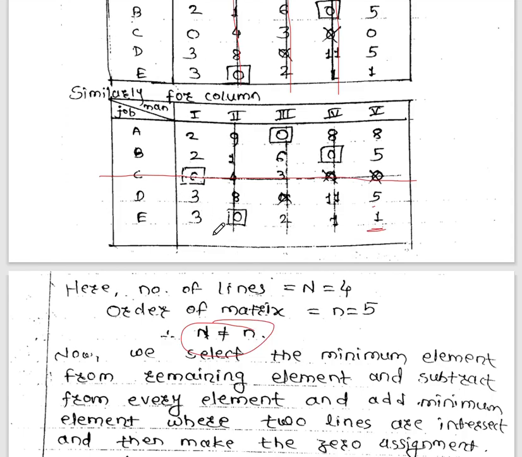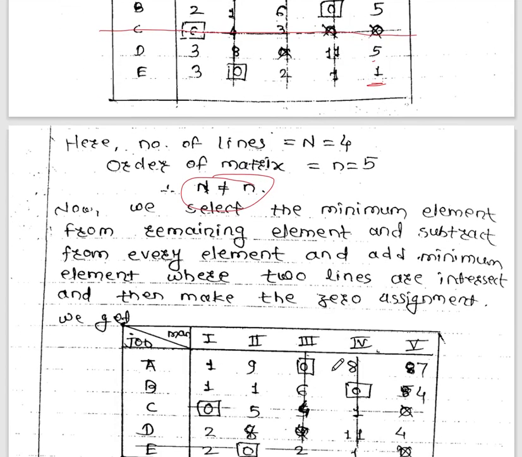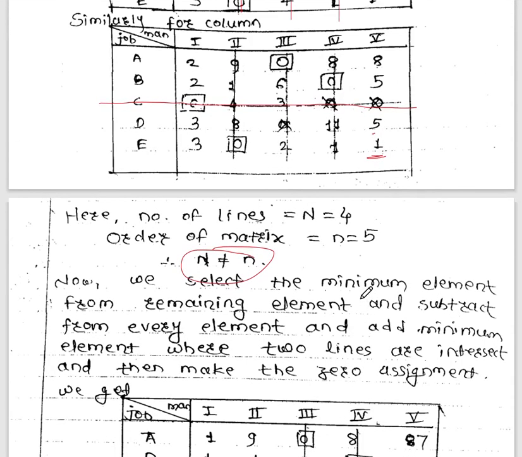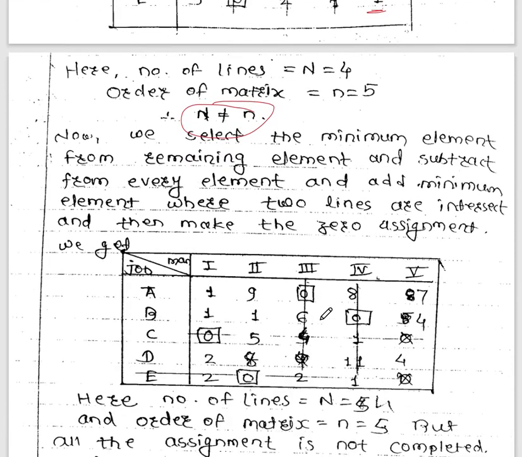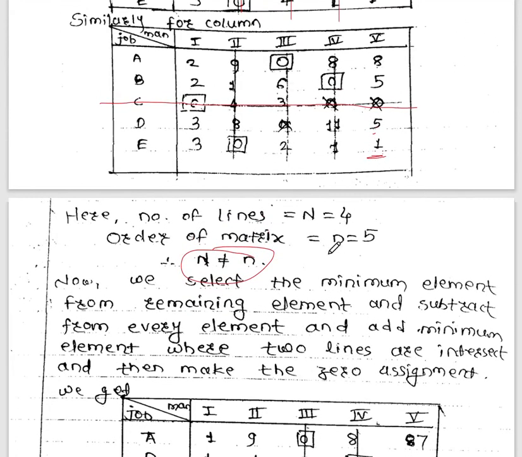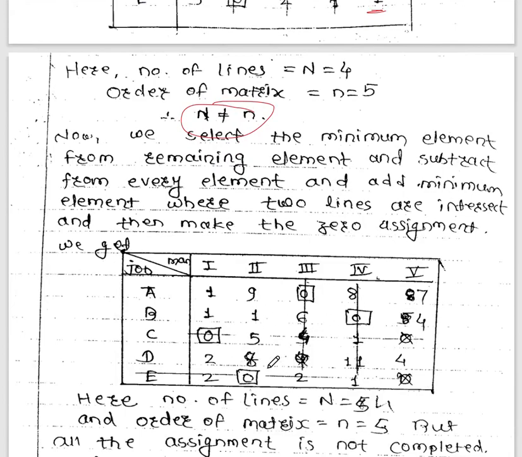So select the smallest element from the remaining elements, add where the line is double crossed, subtract where the line is not crossed, and where the line is single crossed, that element should remain as it is. So here 1 is the smallest element, and we subtract it from the remaining elements. Here 1, 9: this element remains as it is because it is single crossed. 7, 1, 1, 6, 0, 4, 0.